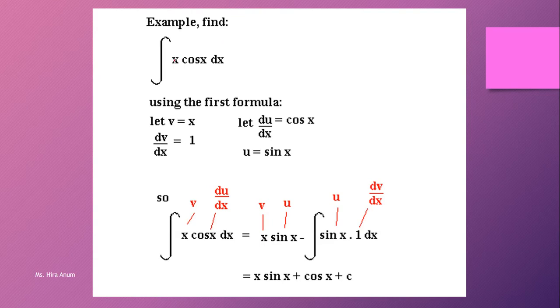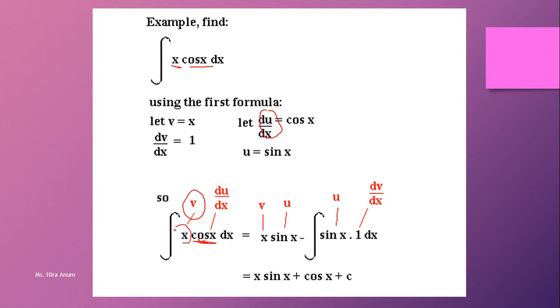Next example, integral x cos x dx, taking x equals u, and cos x equals dv, where du over dx equals 1. So here x is the first part, and cos x is the second part.